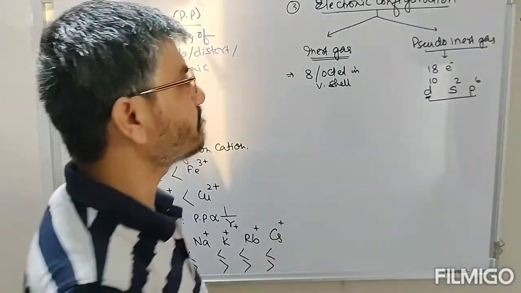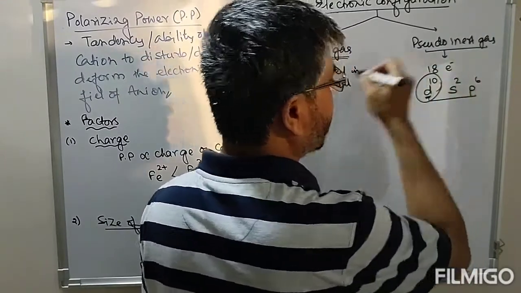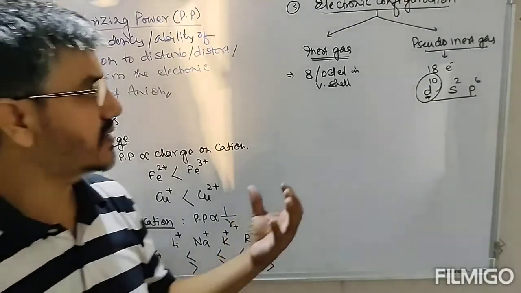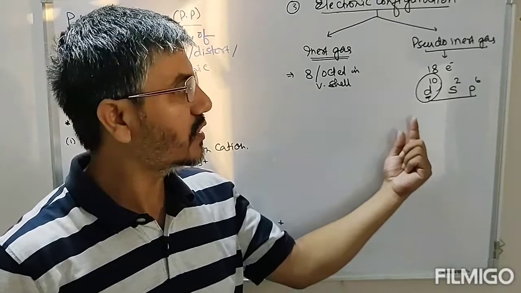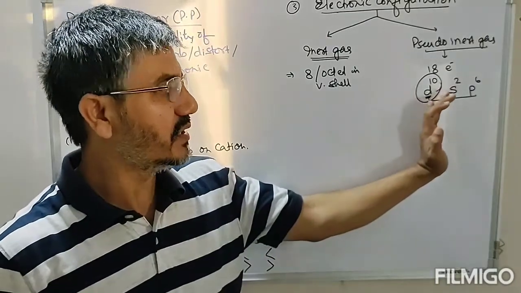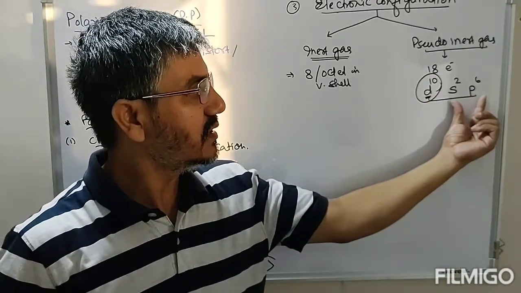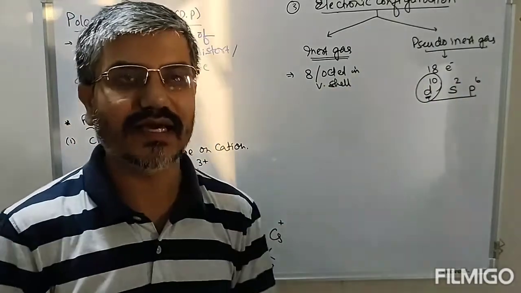Now look at this. The shielding power, or screening effect, of the d orbital electrons is very poor compared to that of s and p. So these inner 10 d electrons cannot shield the s or p electrons. As a result, there is a contraction in size.